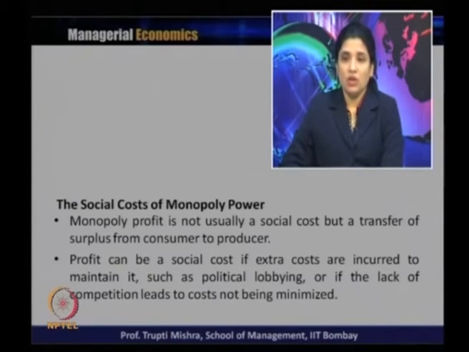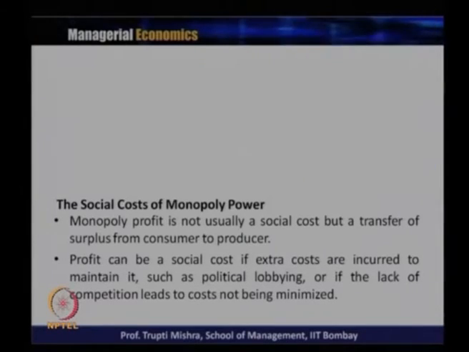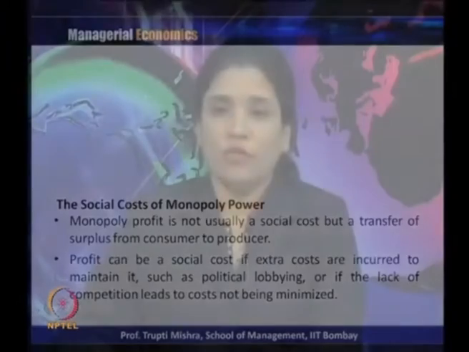Profit can be a social cost if extra costs are incurred to maintain it, such as political lobbying, or if the lack of competition leads to costs not being minimized. So, whether it is political lobbying or a lack of competition, only if some extra costs are incurred is profit considered a social cost, because some extra cost is involved in getting the profit.